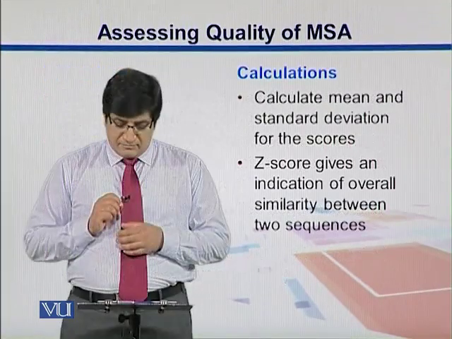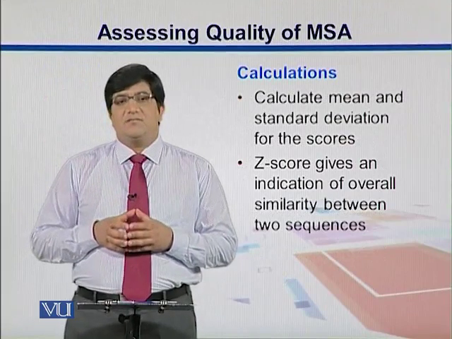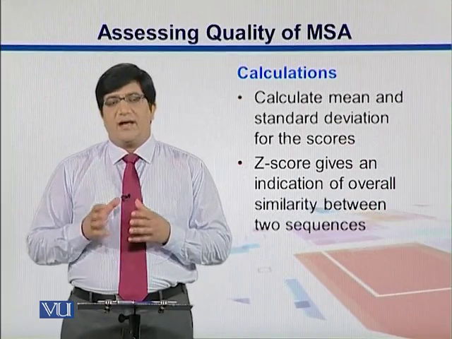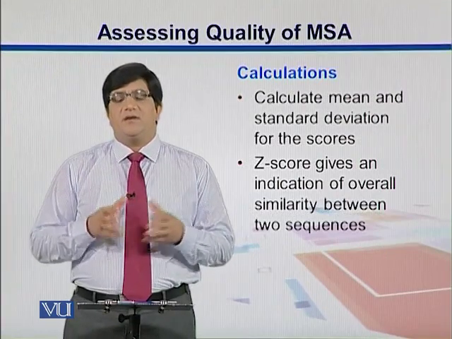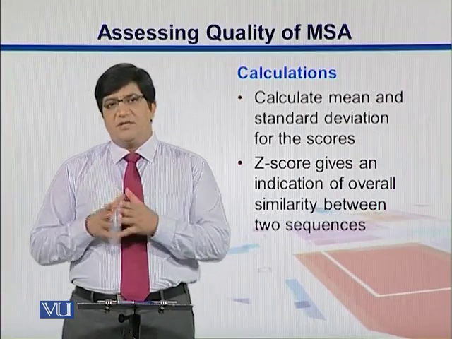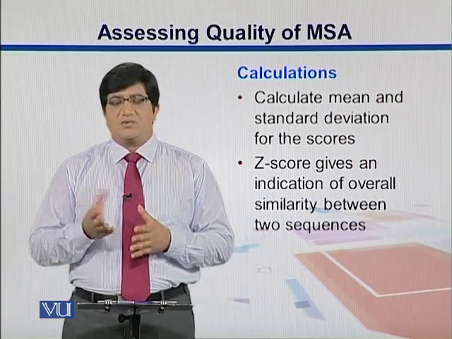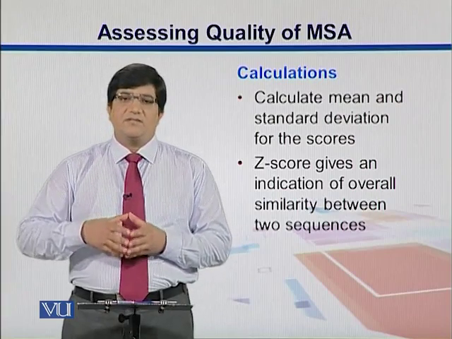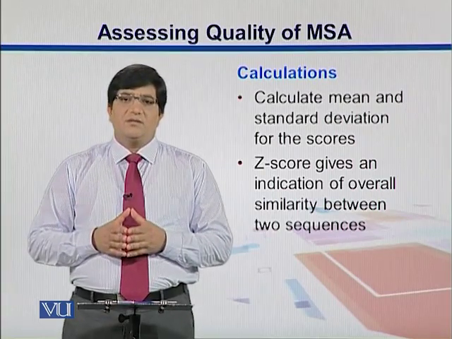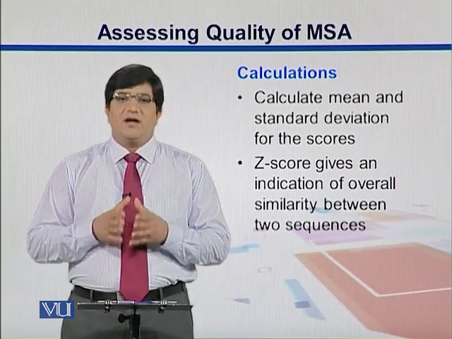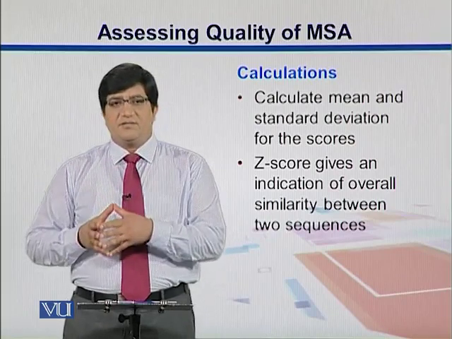So we calculate the mean and the standard deviation for those scores. We have many scores, because we have done many randomizations and each time we came up with some score. So obviously we have a distribution of scores, and whenever we have a distribution, we can calculate its mean and its standard deviation.